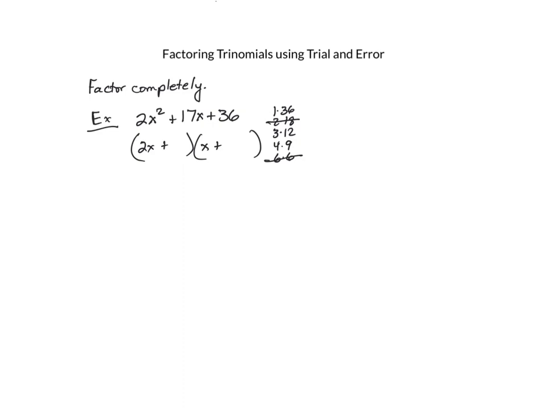And here's why. Suppose 2 and 18 had been correct. We know it's not, but suppose that it had been. Notice that in this binomial, I have a common factor of 2. So in my next step, I would have to take out a common factor of 2. But remember up here at the beginning, we said there was no common factor besides 1. And if there is no common factor at the beginning, there can be no common factor later.